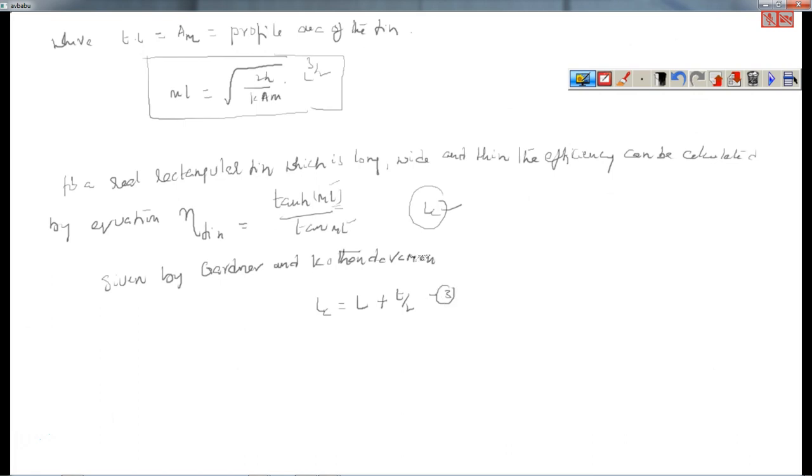Since it is a wide and long fin, the corrected length we are taking is L plus t by 2. This corrected length compensates for the fact that there is a convective heat loss from the tip of a real fin. This takes care of it. So Lc is equal to L plus t by 2.